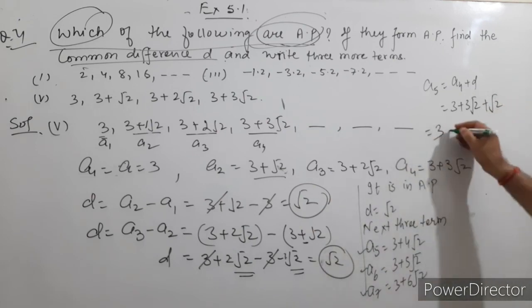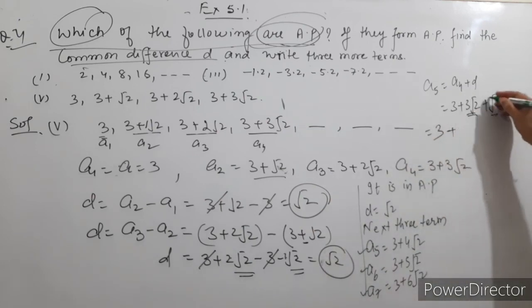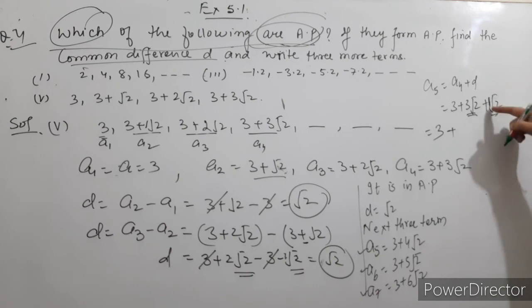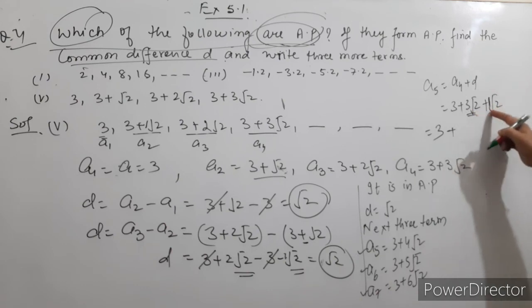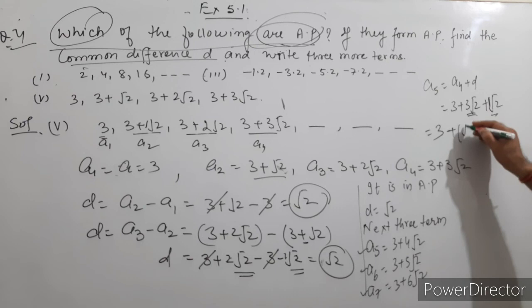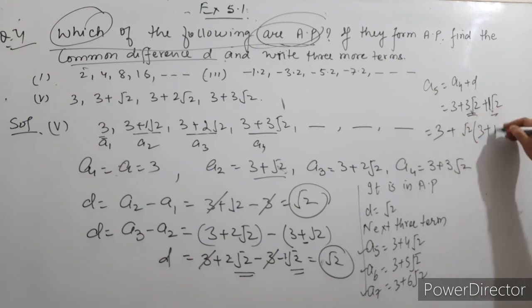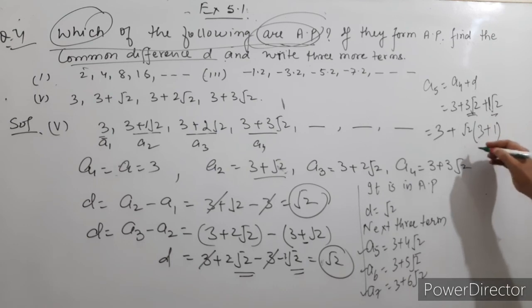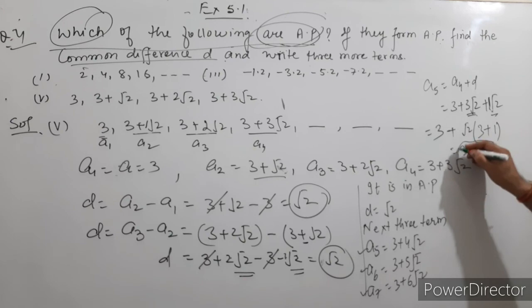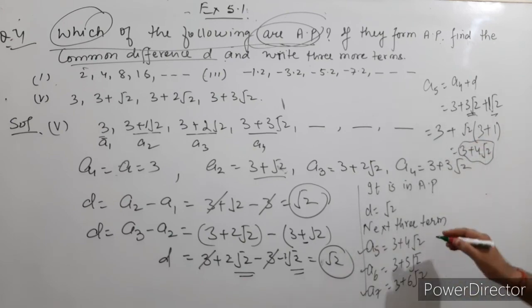This 3 is the same, plus this root 2 is 3, this root 2 is 1. Root 2 is common. What is left here? 3 plus 1, 4. So the answer is 3 plus 4 root 2. It is my answer. You check it here.